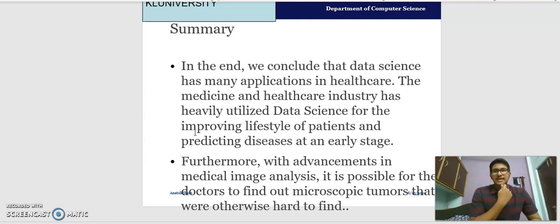Without these techniques and data science concepts, I think the medical industry would be somewhat backward.